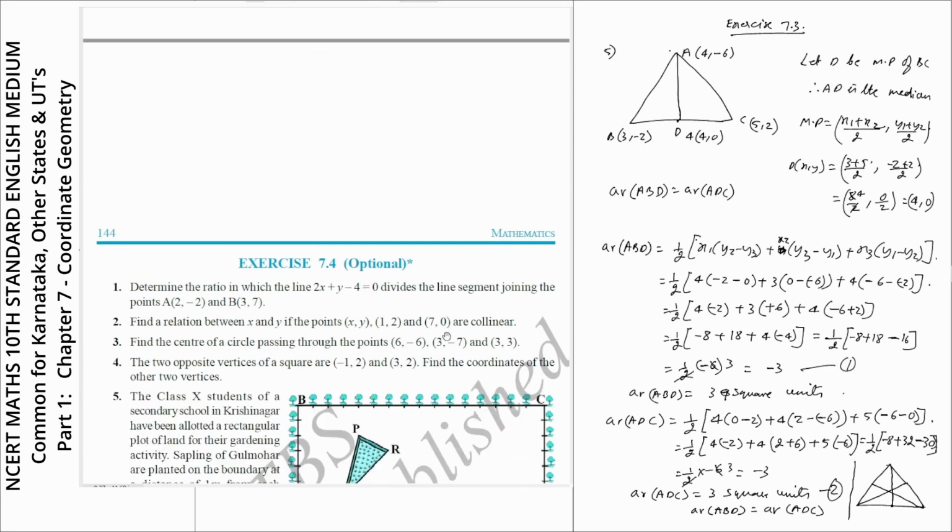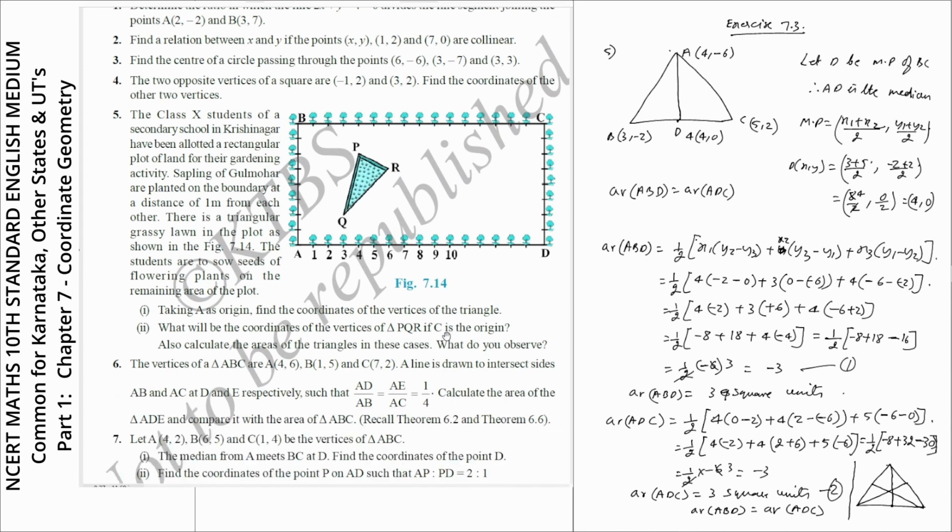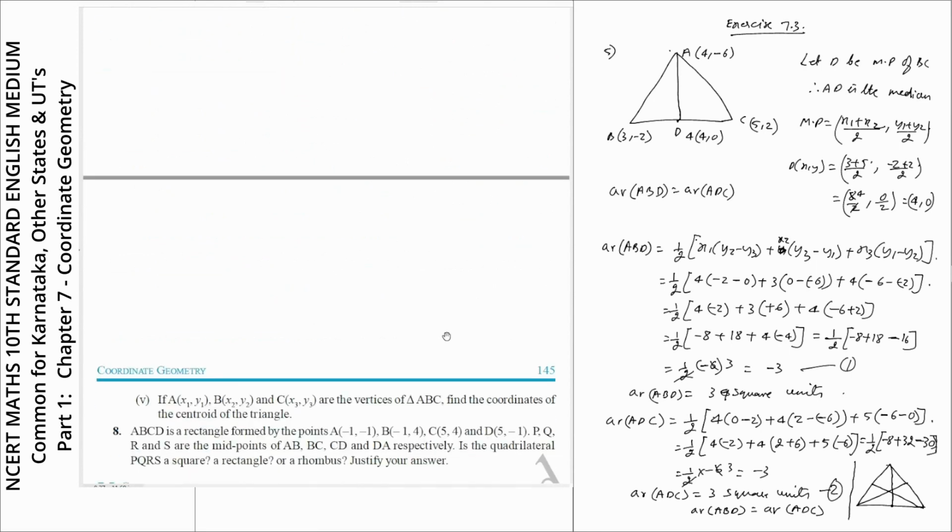So no matter what median you take, this proof will hold true. So the next topic is optional exercise. This is beyond your scope, just for your understanding they are given. I don't think this will come in examination, so I'll be skipping this.